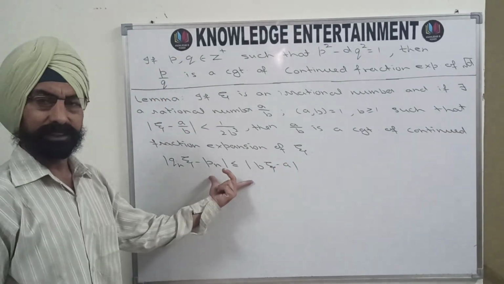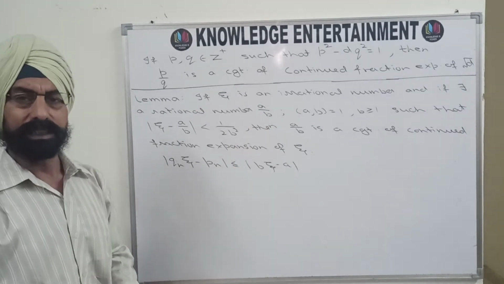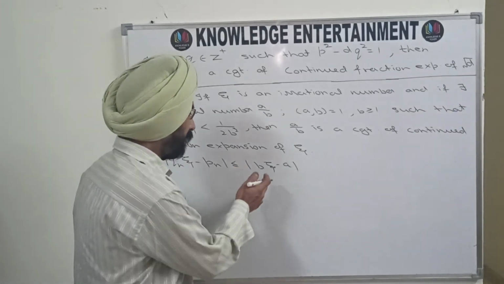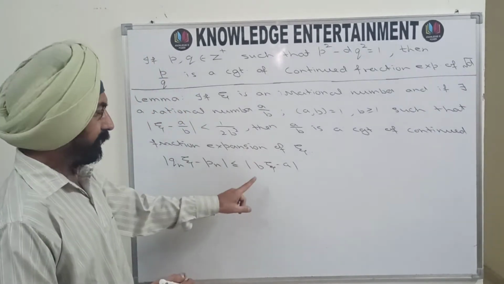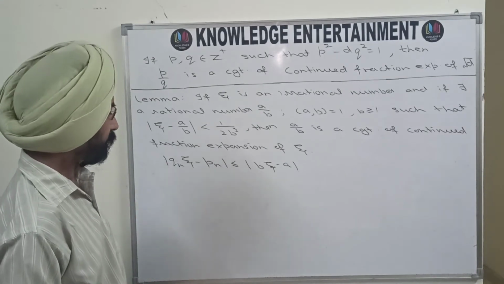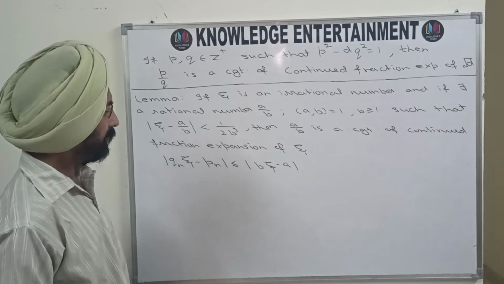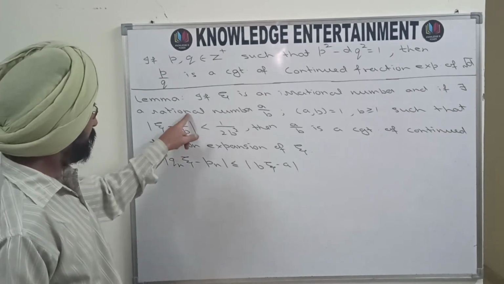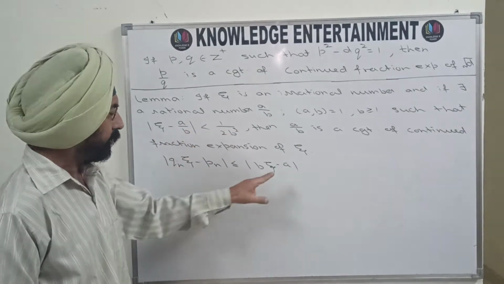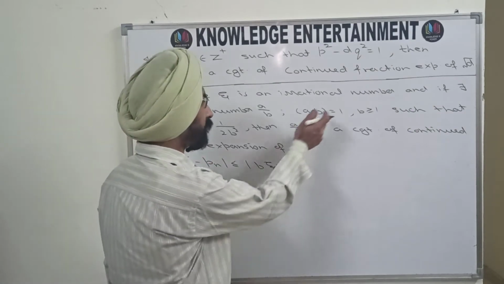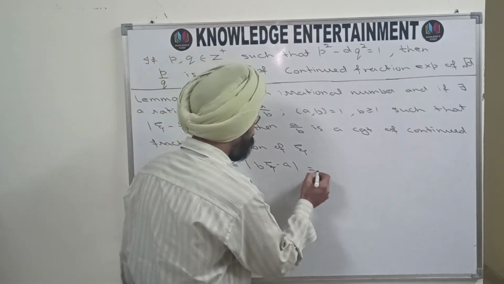We can say this using the given facts. Now, from here, b times |xi minus a upon b|. We know that |xi minus a upon b| is less than 1 by 2b square. So taking b outside, b is a positive number, so it can be taken out of this modulus.